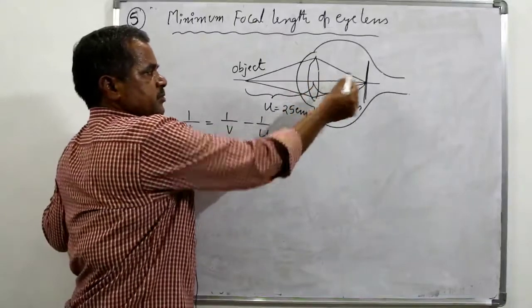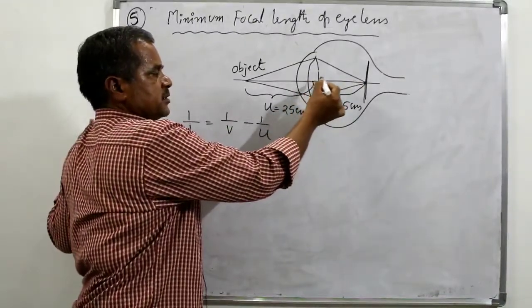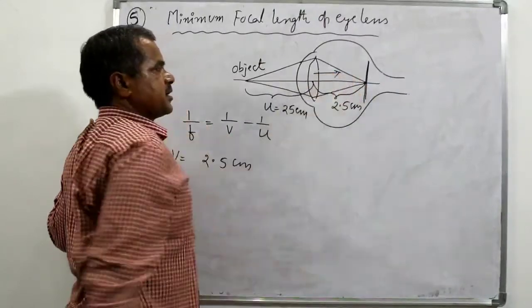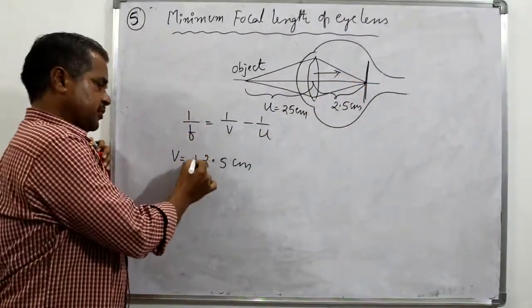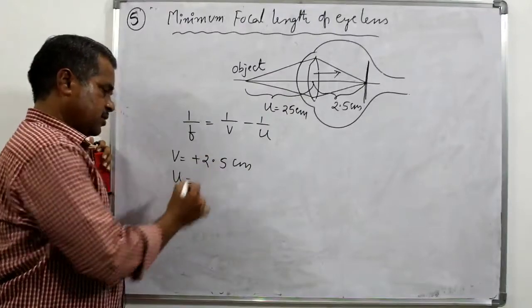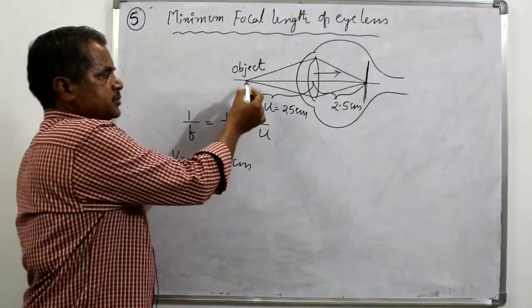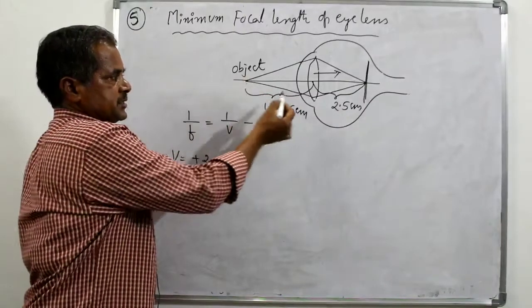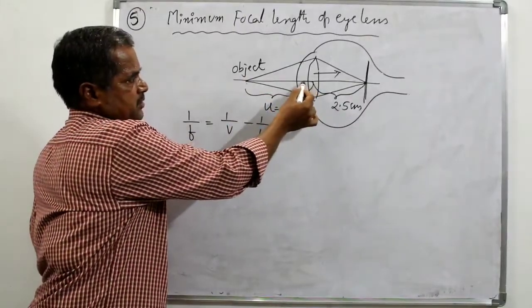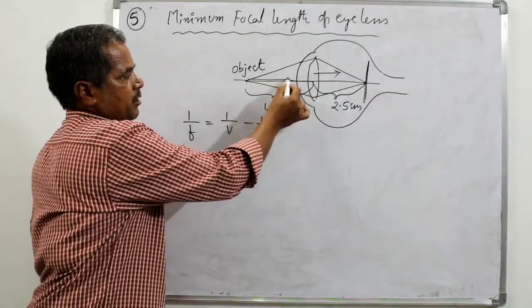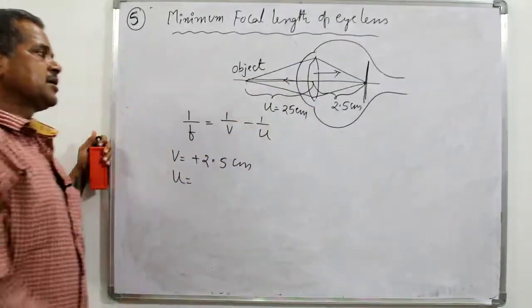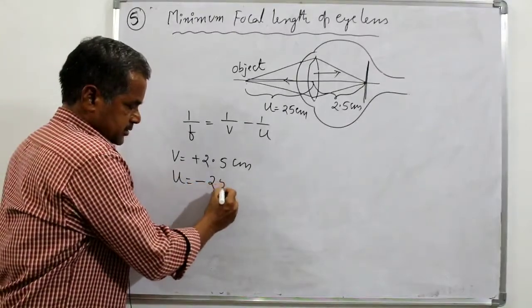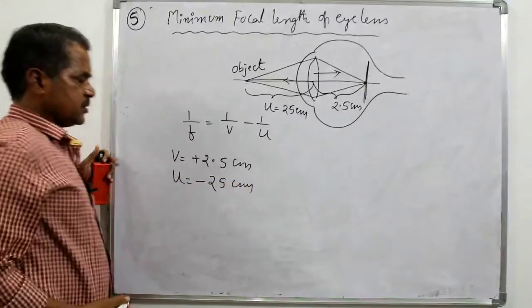While measuring the distance of the image from the eye lens, we are moving in the incident light direction, so it takes a positive value. The distance of the object: the object is placed at the least distance of distinct vision, so it is 25 centimeters. While measuring this distance, we are moving opposite to the incident light direction, so we take the negative sign, minus 25 centimeters.